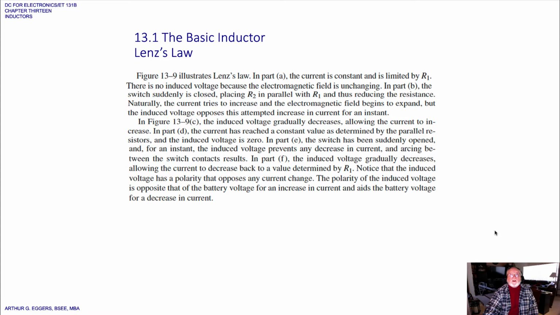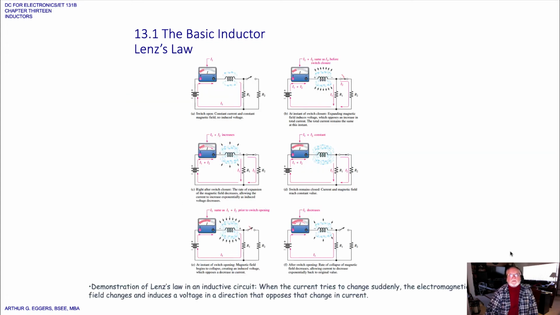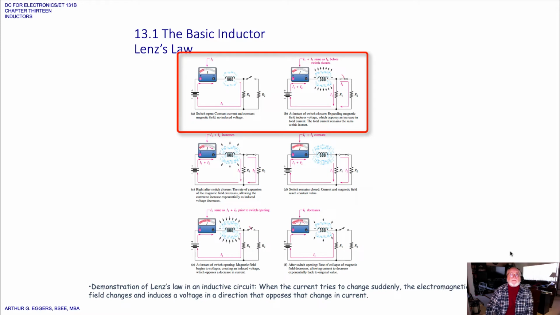Naturally, the current tries to increase and the electromagnetic field begins to expand. But the induced voltage opposes this attempted increase in current for an instant. Okay, so there's our diagram that the paragraph was just alluding to.